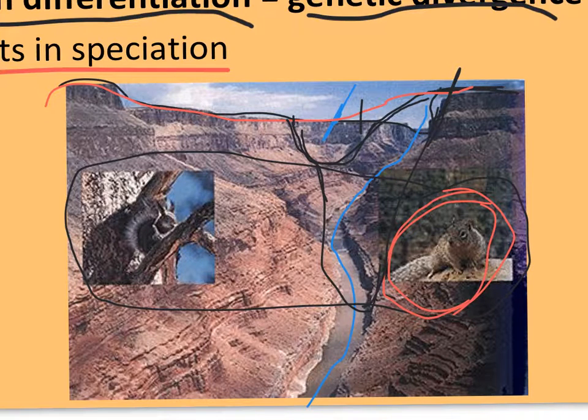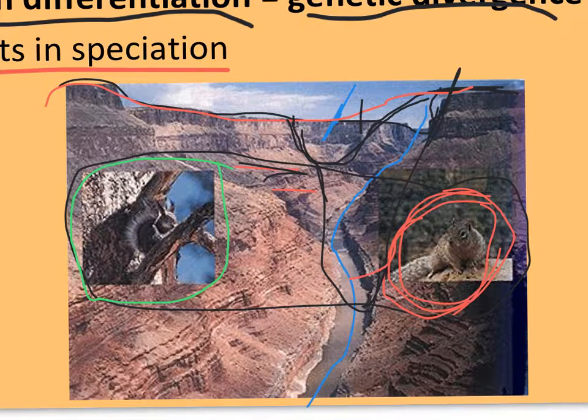And there were no ground squirrels living in the bottom of the canyon now. And it would have been hard for them to migrate up the valley because of these very steep slopes on both sides. Okay, so now you've got this population, and you've got this population.